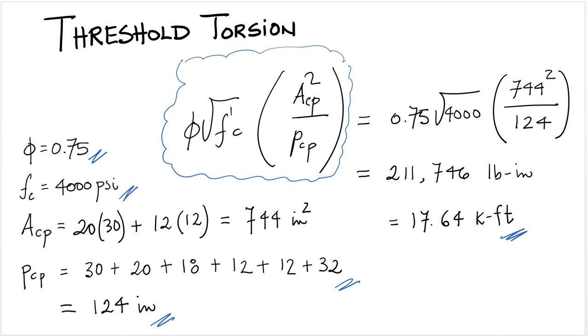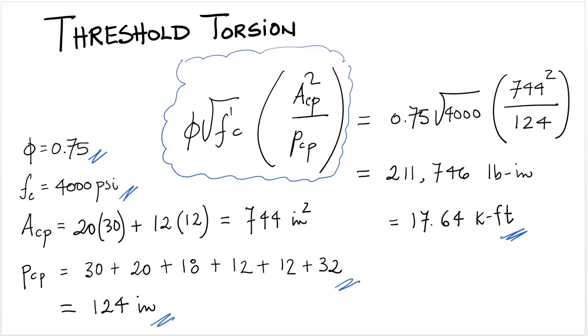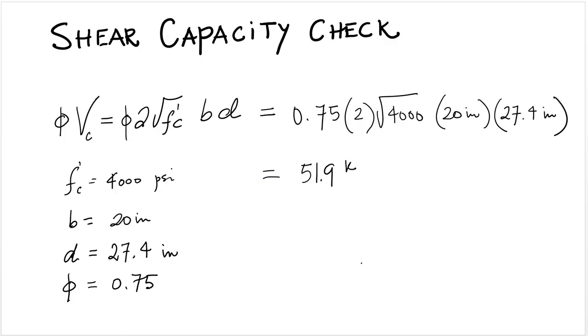That number compared with 57.6, we can conclude that the beam needs torsion reinforcement. And so we are going to go ahead and do that.